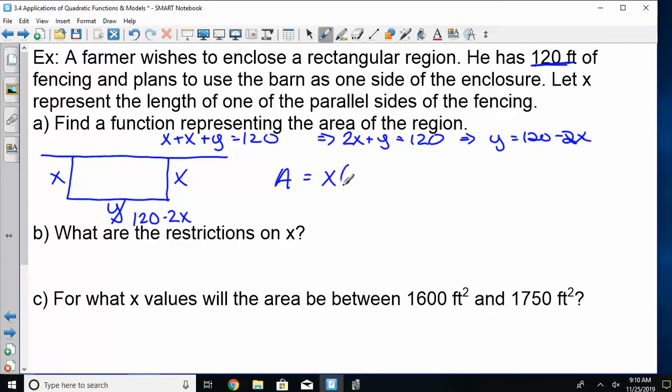Length times width. So if I distribute it, I get 120x minus 2x squared. Are we okay with that one?